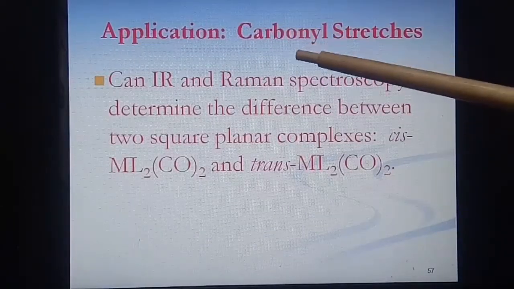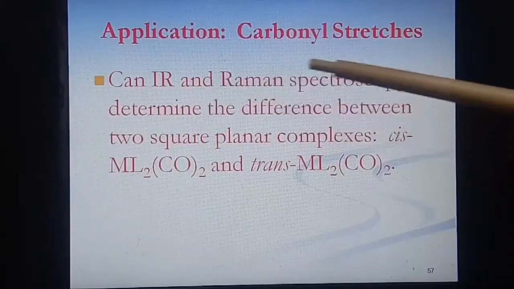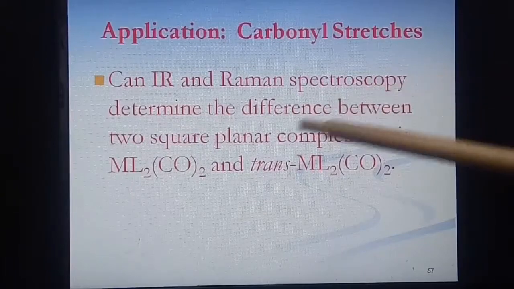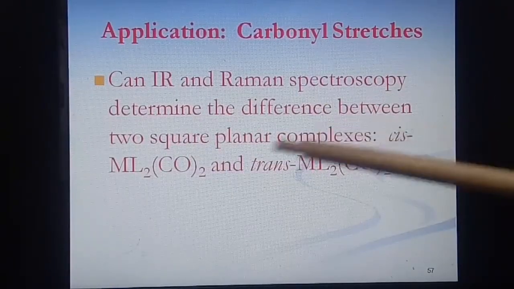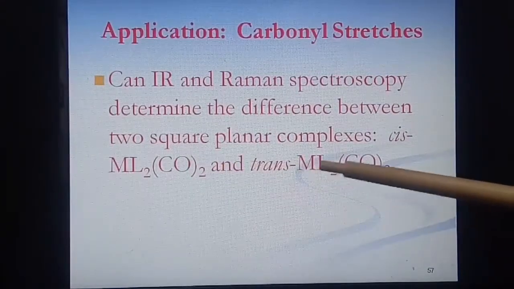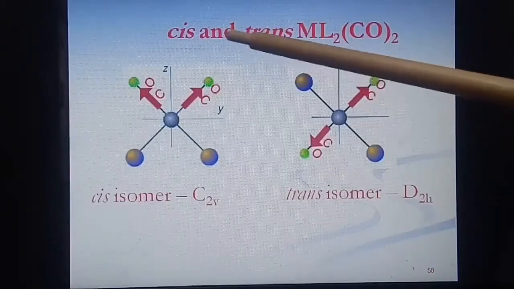Application: carbonyl stretches. Can IR and Raman spectroscopy determine the difference between two square planar complexes, that is cis-ML2(CO)2 and trans-ML2(CO)2? These are the two structures.